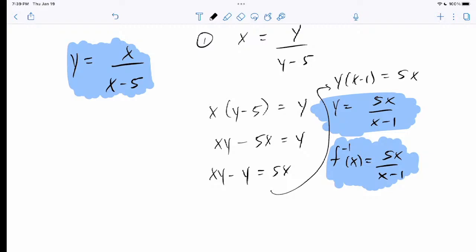All right, I got my answer here. I'm not sure if it's on your screen. There's always a little delay between when I write and it shows up, but I'm getting 5x over x minus 1 here.